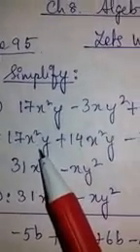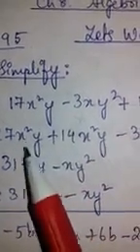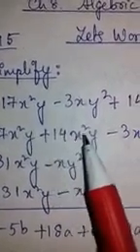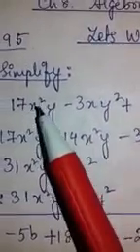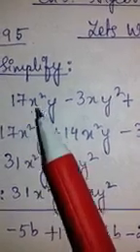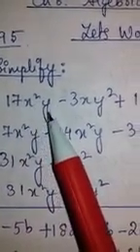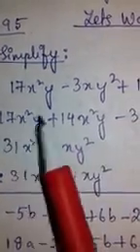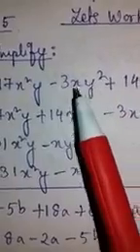In the next step, our work is to arrange all the like terms together. So, here you can see the x square y term, 17x square y term is there and 14x square y term is there. So, you are going to write the like terms together, 17x square y plus 14x square y.